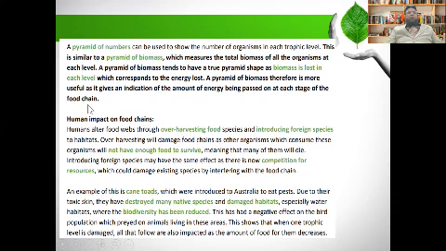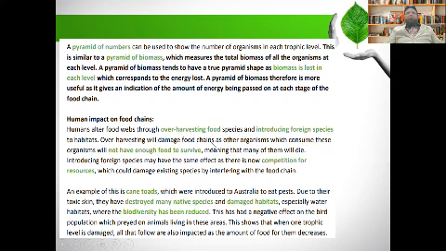Now, see here, there is another topic: the impact of humans on the food chain. Humans alter food webs through harvesting food species and introducing foreign species to habitats.